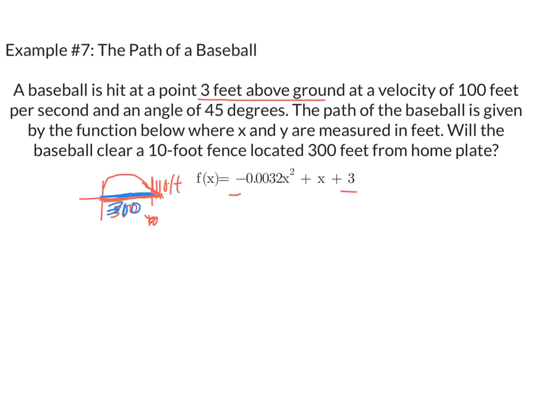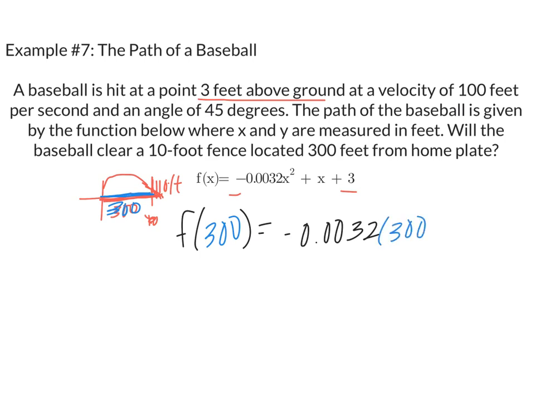All right, so let's go ahead and try that. We would have f of 300 equals negative 0.0032 times 300 squared plus 300 plus 3.